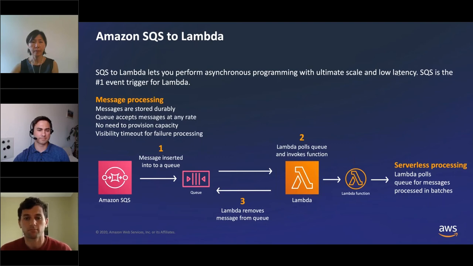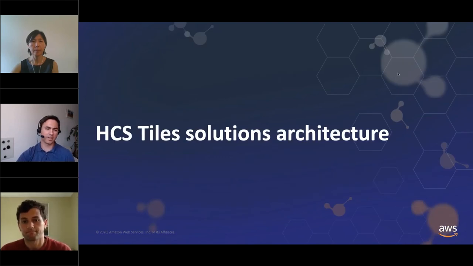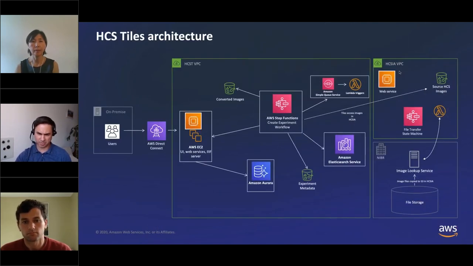Thanks, Drew. So now we're going to dive into the HCS tile solutions architecture more specifically. As you can see, the centerpiece of the architecture is the state machine running in AWS Step Functions. It orchestrates everything else like an octopus. If we start from left to right, a user would connect over Direct Connect and access a web app hosted on EC2 that had some web services also hosted in an auto scaling group.